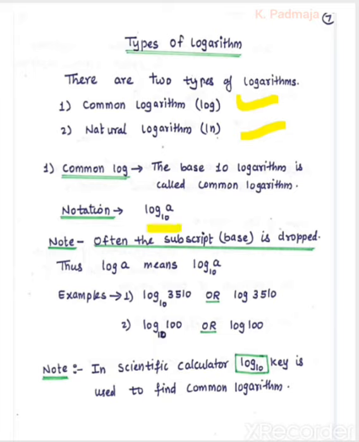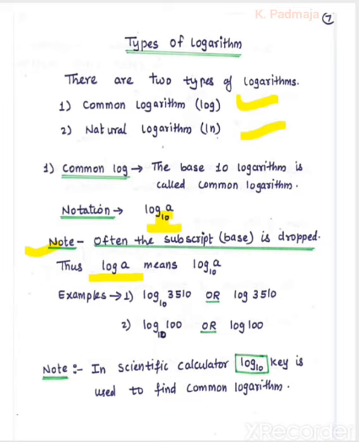There is a note here, often the subscript or you can say the base is dropped. In common logarithm, many times this base is not written. So if the base is not written, in that case we have to consider that logarithm as a common log only. Okay, log a means log a to the base 10 only.